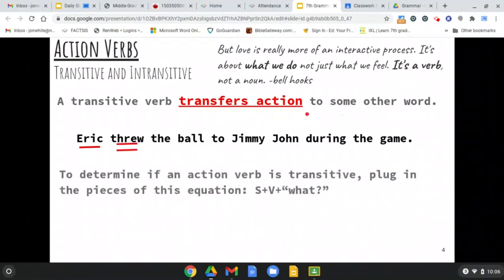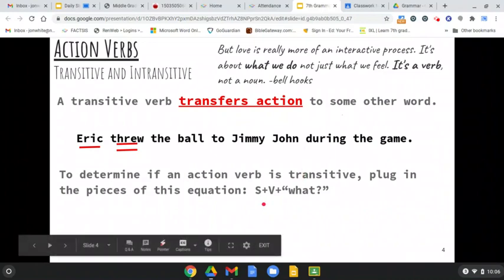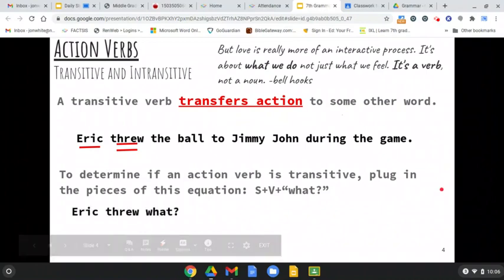So here's the way that we deal with this. To determine if an action verb is transitive, we plug it into the pieces of this equation. So it's a little bit like math here. We're going to plug in the subject and the verb and the question, what? So here's what that looks like. Eric threw what? And if we get a noun or pronoun answer to that question, then we have a transitive verb.